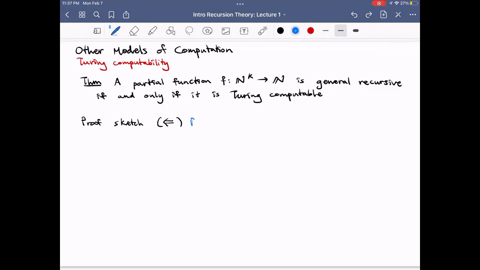We want to pick a way to represent finite sequences of natural numbers by single natural numbers.